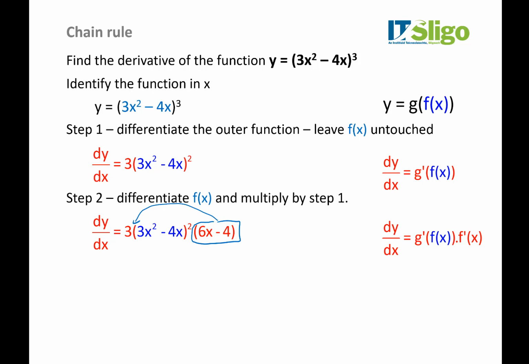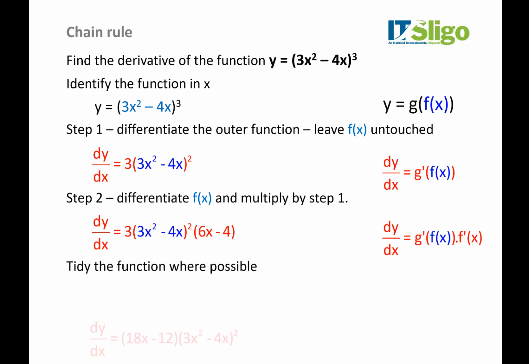So the 3 multiplies by this bracket, but the bracket has moved to the front. Tidy up the function where possible. So the 6x by 3 gives me 18x, minus 4 by 3 gives me the minus 12. And f(x), generally you don't try and square this out or expand it, just leave it. This is probably the neatest way of writing this function.